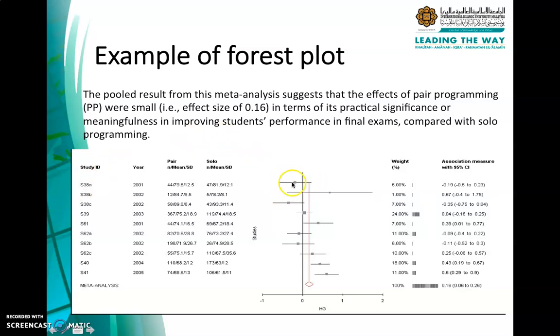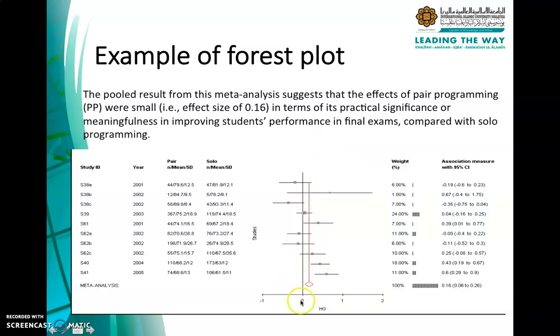The horizontal line here refers to the confidence interval for each study. When we pool the effect size from each of these studies, this is what we obtain: the average effect size.